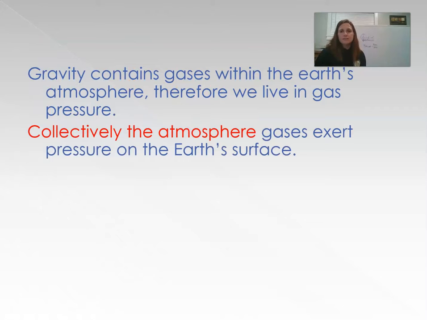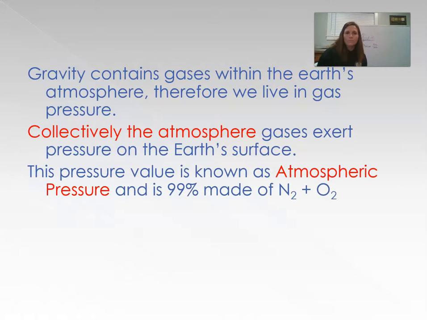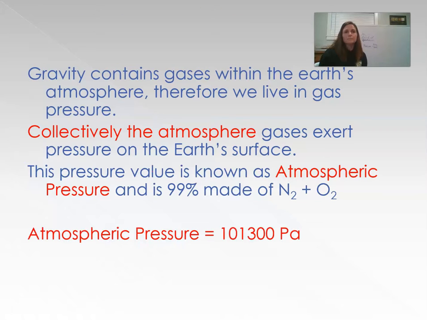So collectively, the atmosphere exerts a pressure on the Earth's surface and also on you. You are being bombarded by millions of tiny gas molecules that are running into you constantly and creating this pressure on you. The atmosphere that we live in is mostly made of nitrogen and oxygen.